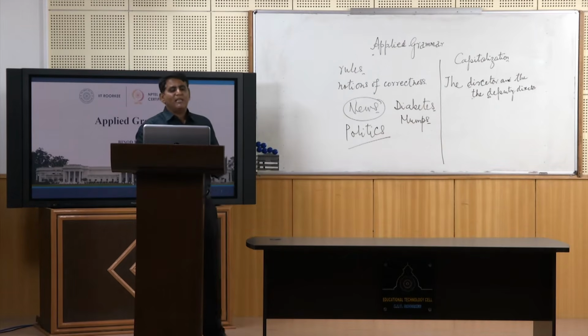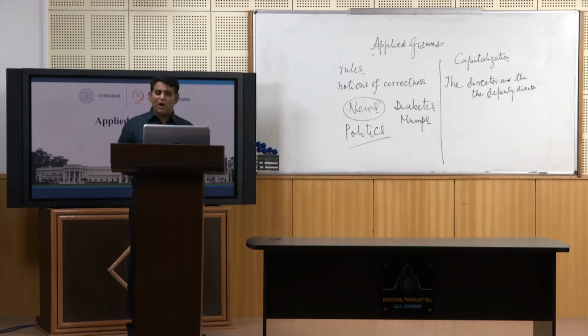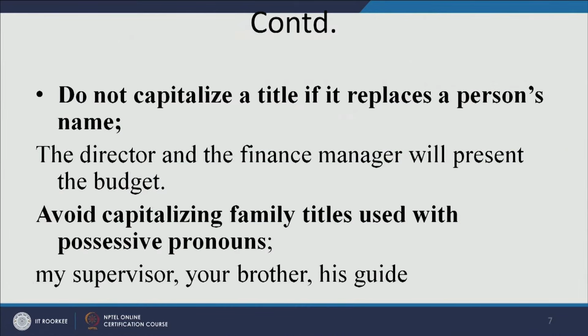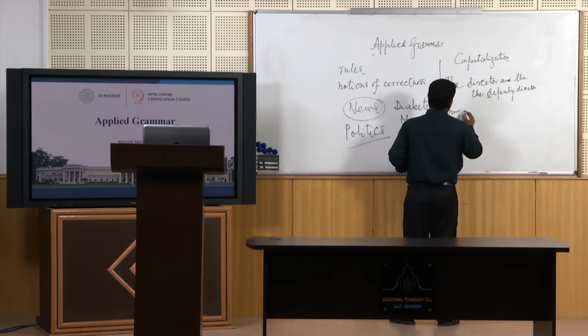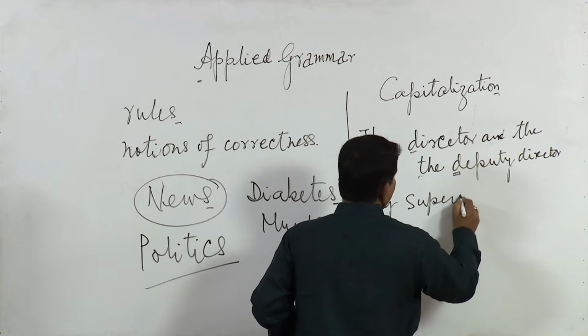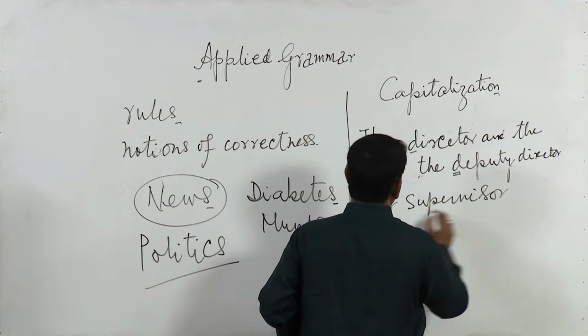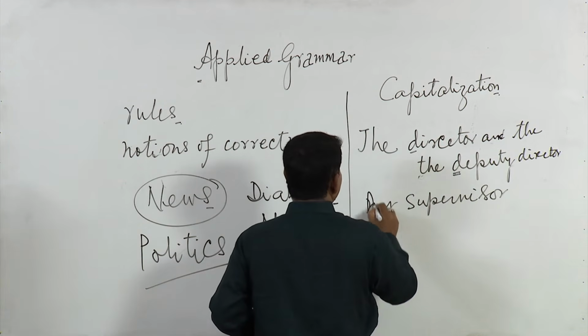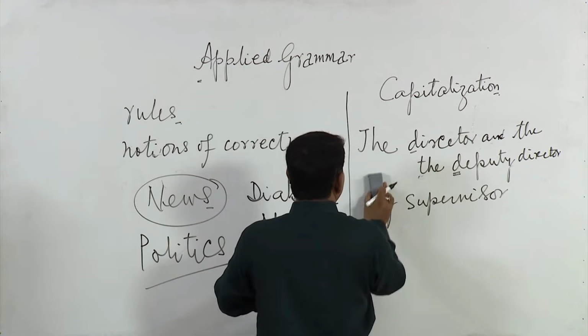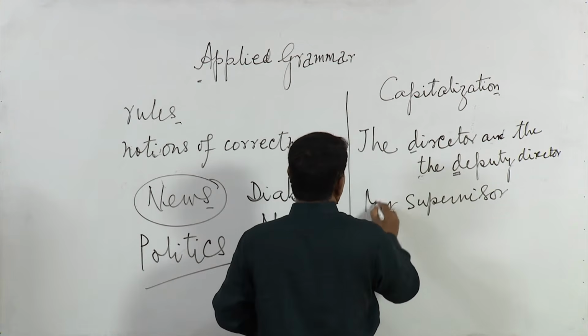Again, capitalization should be avoided with titles having a possessive pronoun. For example, when you say my supervisor, suppose the sentence begins with this, so naturally here it will be capital.